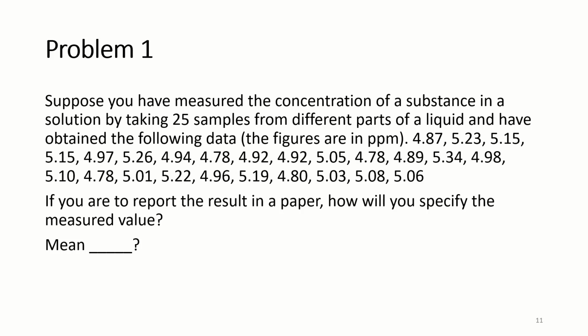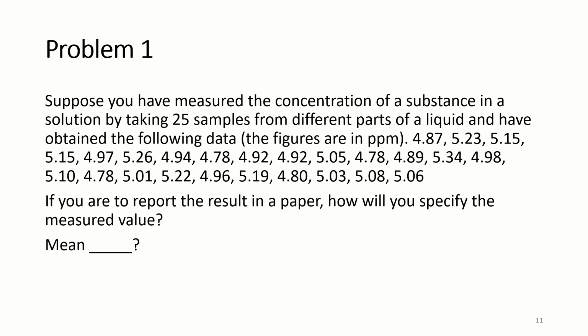There are 25 samples taken from different parts of a liquid and I have obtained the following data. So we have the concentration of a substance. It can vary depending on the different parts of the liquid, because obviously we are mixing it, but it's not always that every part will have the same concentration.